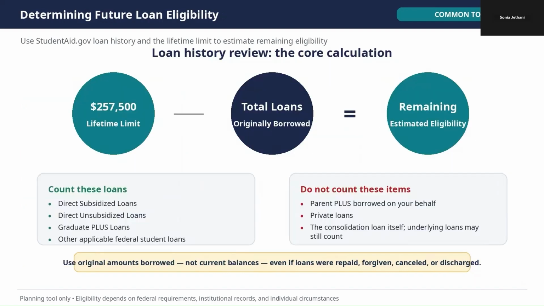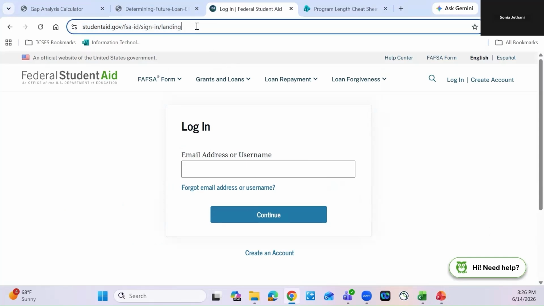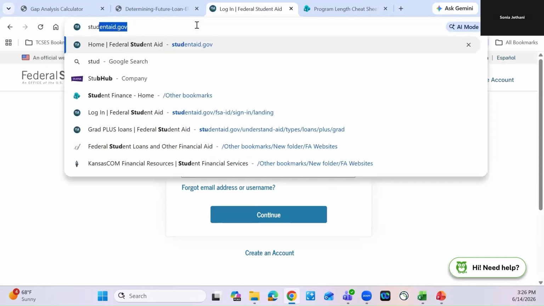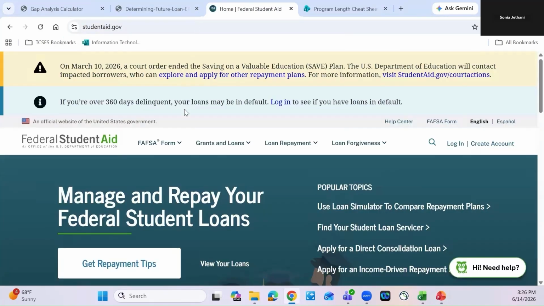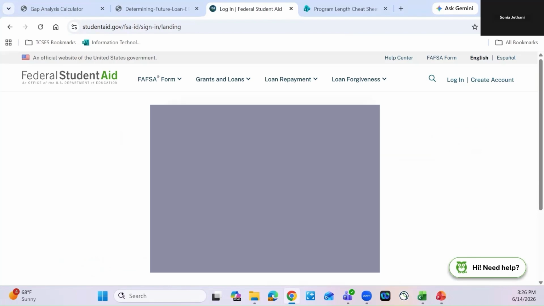Determining future loan eligibility. Start by signing into studentaid.gov using your FAFSA credentials. Click on the login. Enter your email address or username.